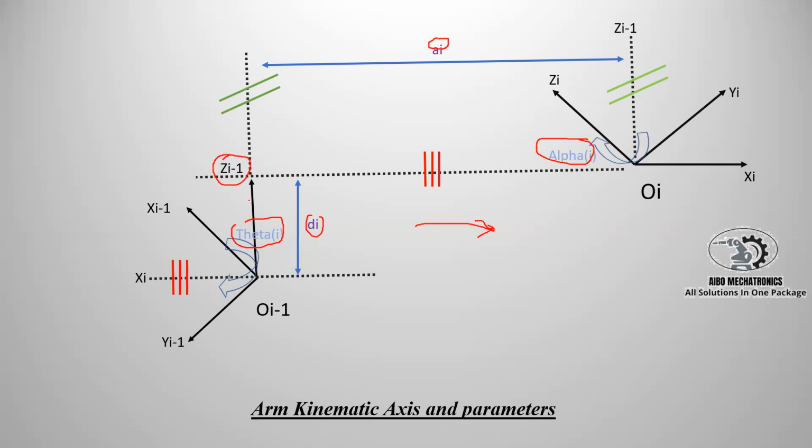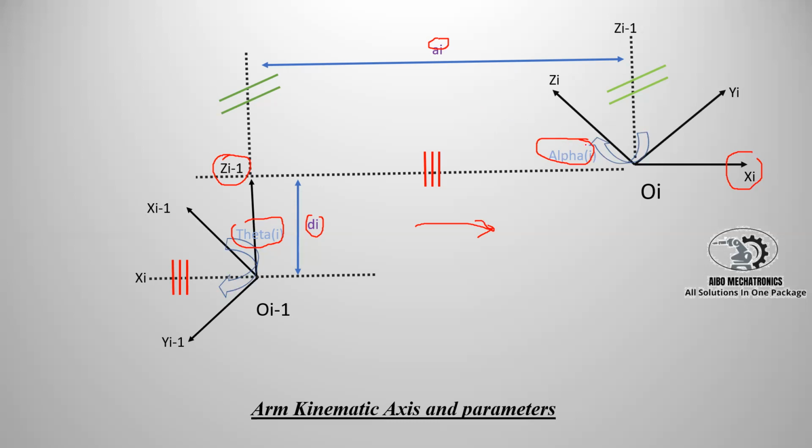As you can see, this is the Zi minus 1. So the direction of di is in the direction of Zi minus 1. But ai is the perpendicular distance between the 2 origins, but it is along the direction of Xi. This is the Xi, and ai is in the direction of Xi and coincides with it.